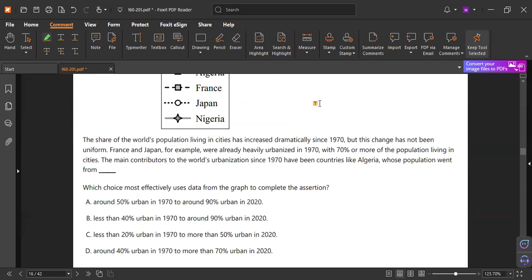Is it B? The next one, letter B. I don't think so. Let's try again. Here's the assertion, and the assertion means the claim, the main idea. So we can focus on the last sentence down.